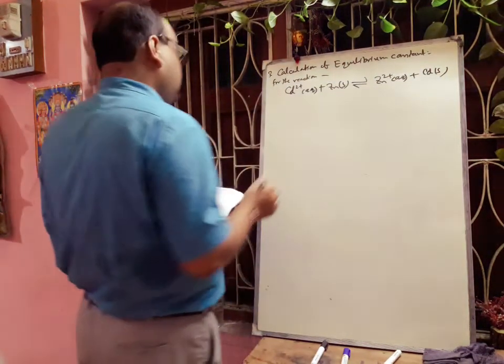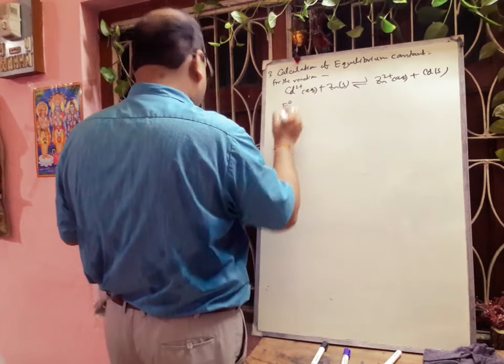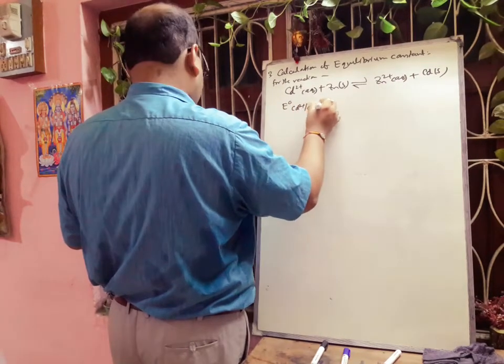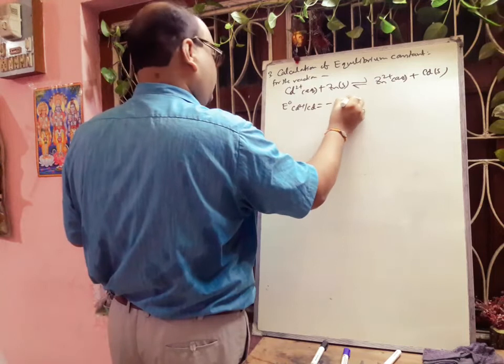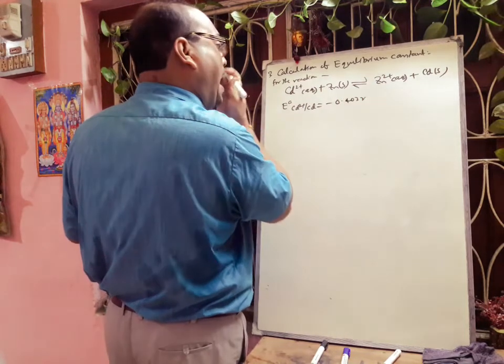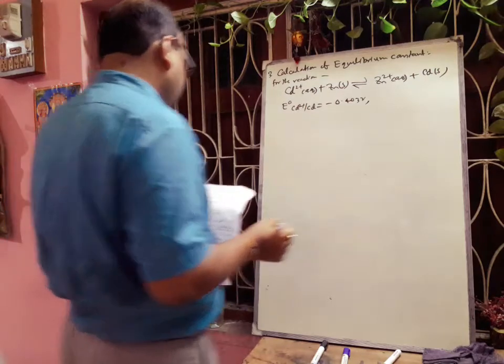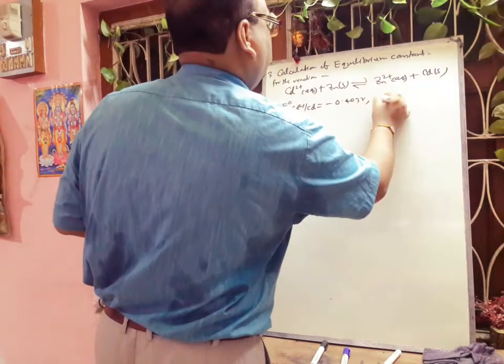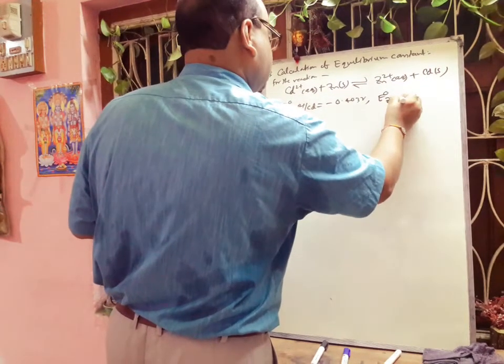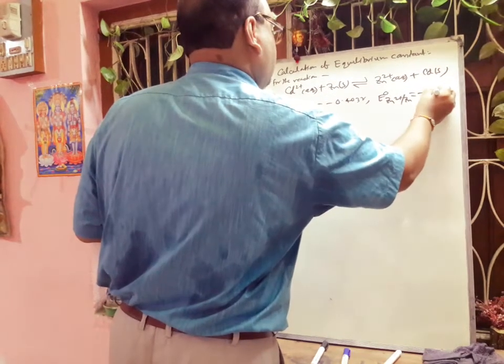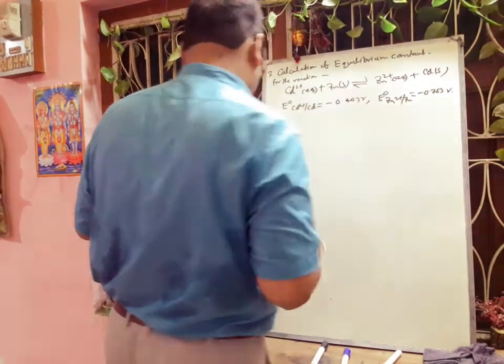Now here it is given that E0 of Cd2+/Cd electrode is minus 0.403 volt, and for the zinc electrode, Zn2+/Zn, we know it is minus 0.763 volt.